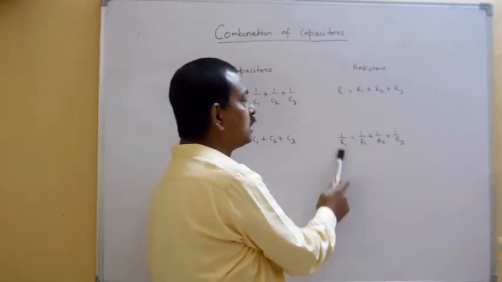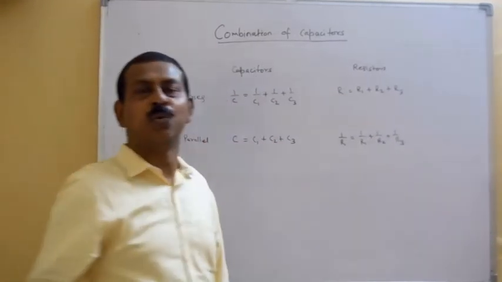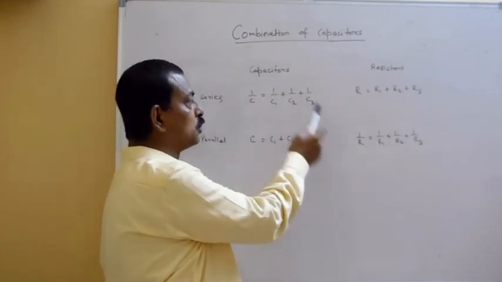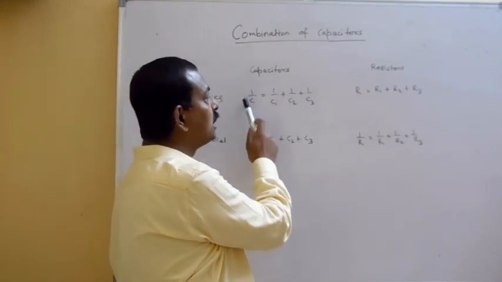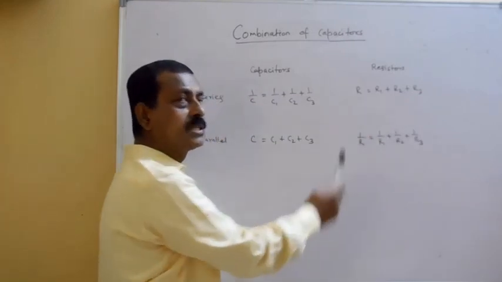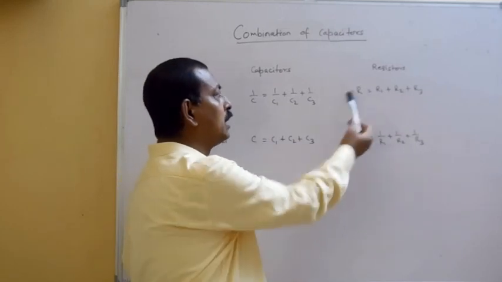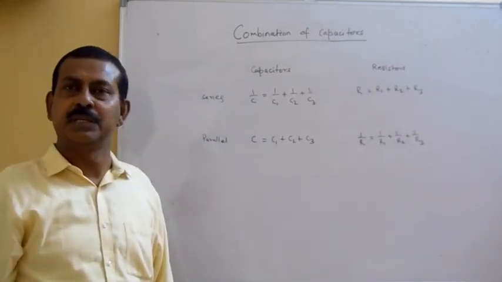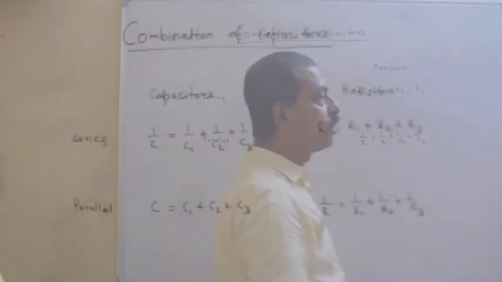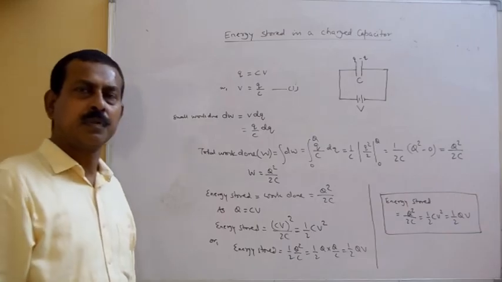Whereas for resistors, it is 1 by R equals 1 by R1 plus 1 by R2 plus 1 by R3. So it is just the reverse, you can say. What we get for series for capacitors, the similar formula is there for resistances in parallel. For capacitors, whatever is there for parallel is for series combination of resistances. So this is all about the combination of capacitors joined in series and parallel.